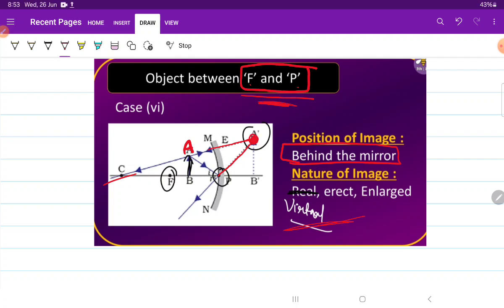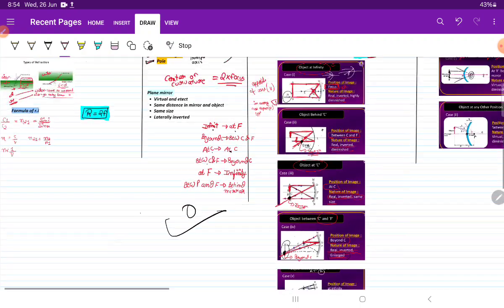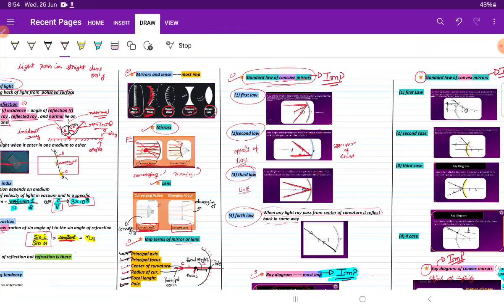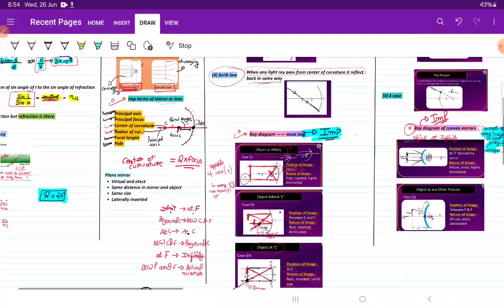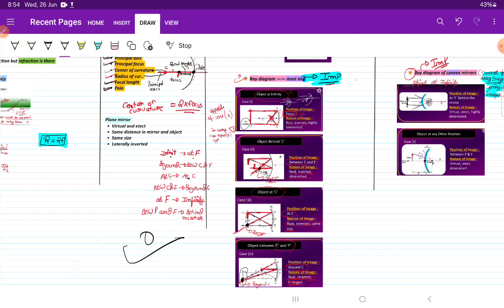Imaginary, students, this word is most important. An imaginary image is forming here. So this is the position of the image behind the mirror, and it will be enlarged, virtual and erect. So we have done the standard laws of the concave mirror, and with the help of them we have done the ray diagrams of the concave mirror.